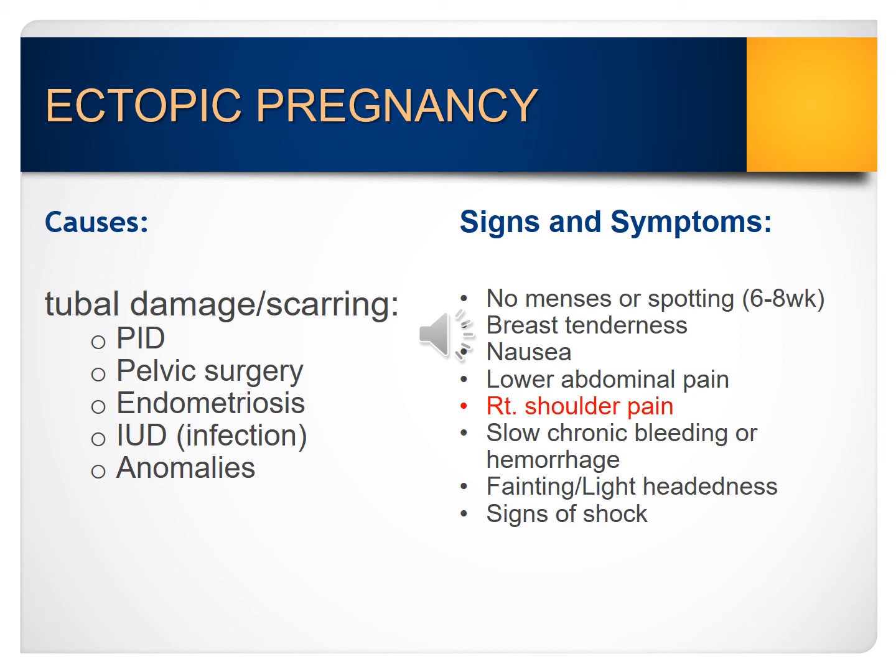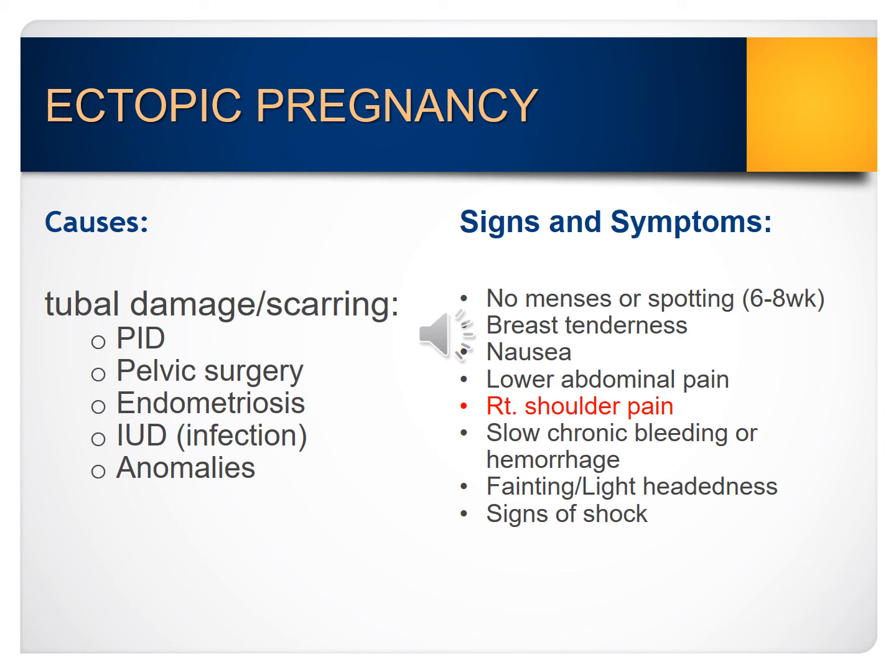And so if you recall the journey of the mature ovum that's released from the ovaries, and that it's taken up by the finger-like projections from the tube, and sperm ascends up through the vagina, past the cervix, through the uterus, meets that mature egg in the tube, and that is where fertilization takes place. After the egg is fertilized, then it moves down into the uterus and implants into the endometrial lining.